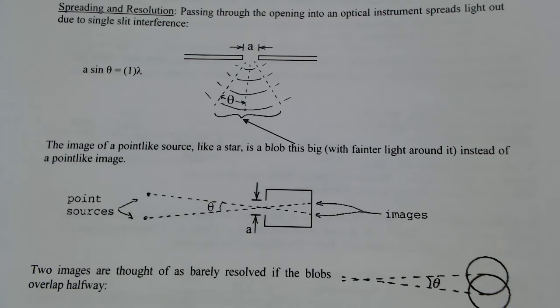The problem is diffraction. When you clean up everything else, you come up against the diffraction of the light as it enters the optical instrument. Any kind of telescope or microscope, or for that matter, the eyes in your head, the waves pass through some sort of opening as they enter it. And when they do, they diffract, just like the light that was going between the jaws of that caliper just now.